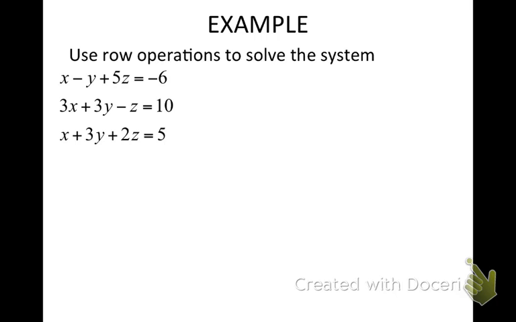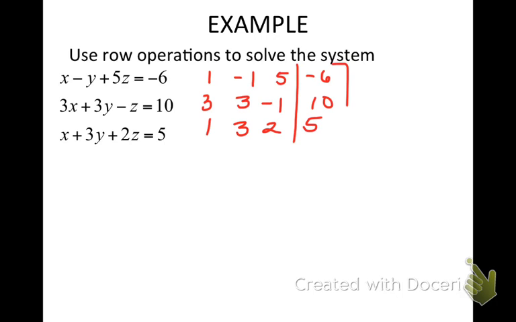All right, so let's set up our augmented matrix. I've got 1, negative 1, 5, bar, negative 6; 3, 3, negative 1, 10; 1, 3, 2, 5.